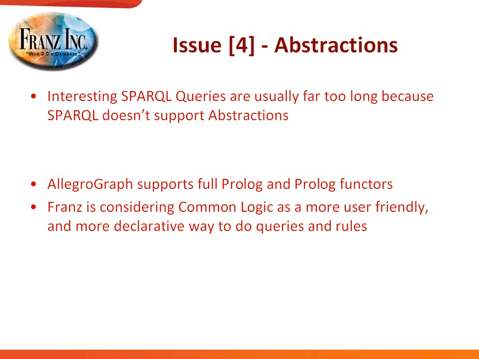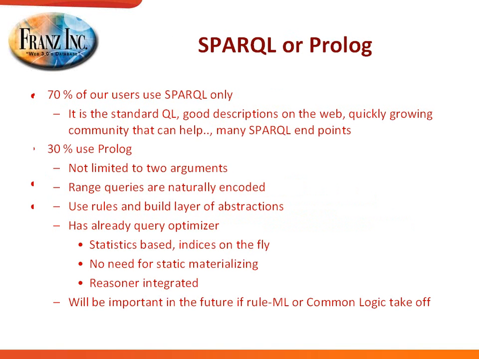If you can live in Prolog, then you can make Prolog functors, and you can take parts of your queries and generalize a little bit, and then suddenly your queries get a lot shorter. I was giving this talk before for a group of biologists, and they wanted to know when do you use Sparkle and when do you use Prolog. And to my surprise, about half the people in my audience were using Prolog for their biology work, so that was a really pleasant surprise.